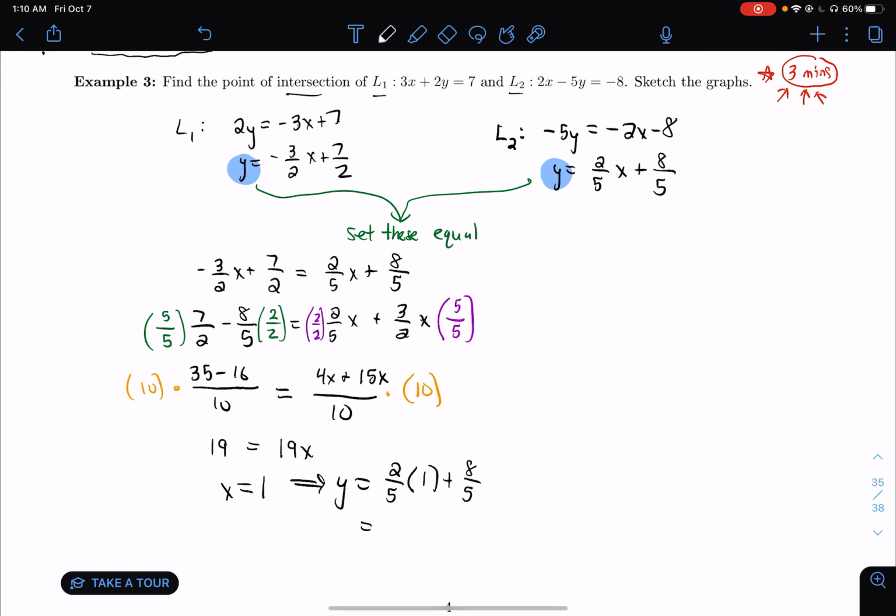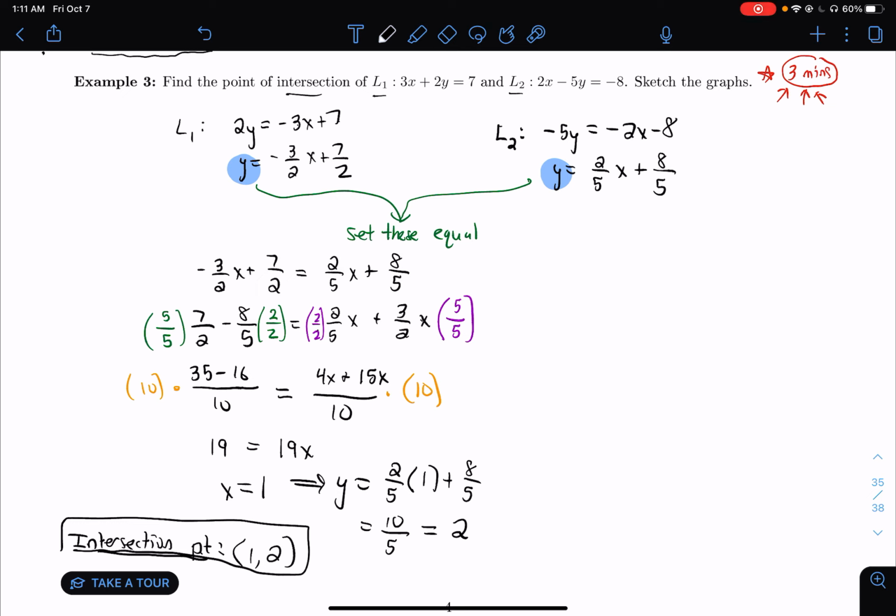So this is 2 over 5 plus 8 over 5, which is 10 over 5, and that's nice because it's a whole number. That's 2. So my intersection point: the x-coordinate is 1, and the y-coordinate is 2.